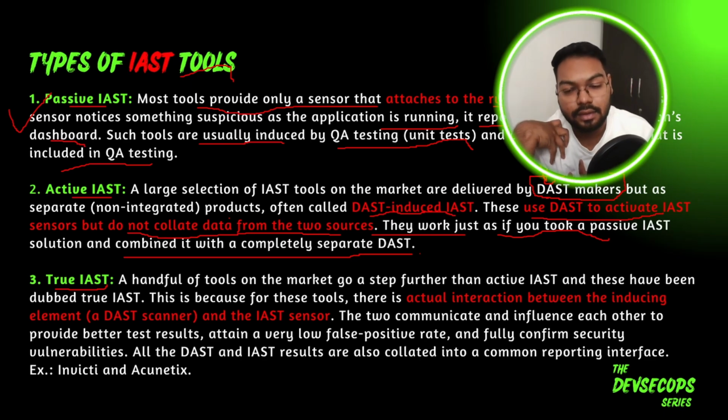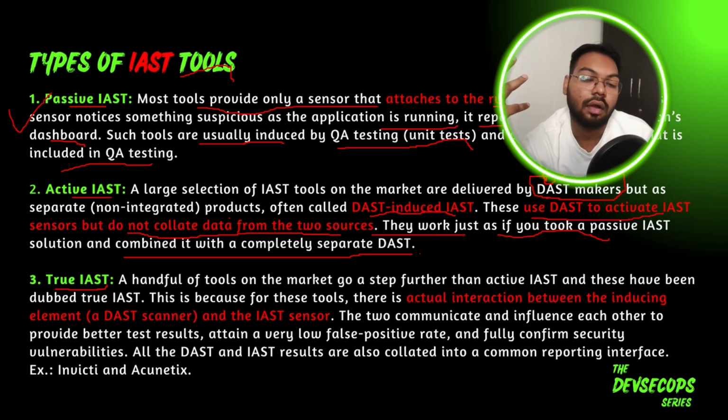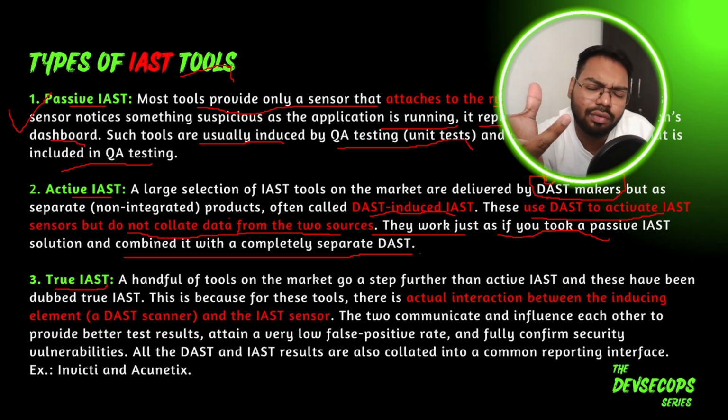Now I, as a DAST tool, would not take any data from you. I would just trigger certain attacks. You have the responsibility of storing the data of how these attacks started, what happened after the attack, and how your application responded in that case.